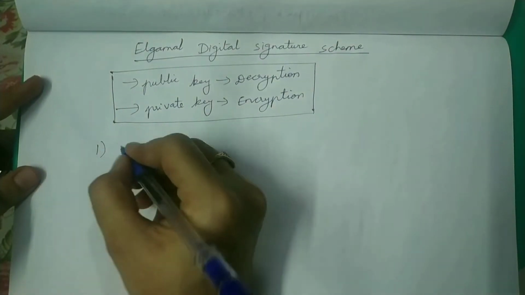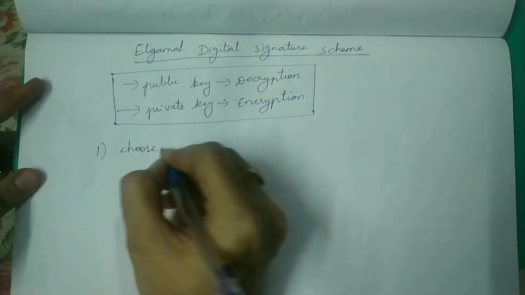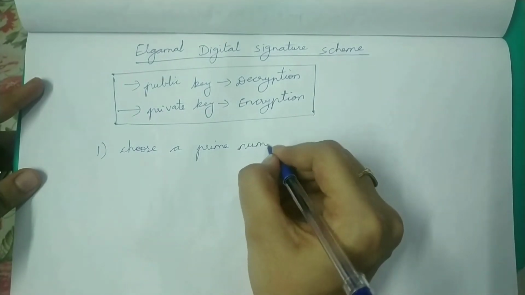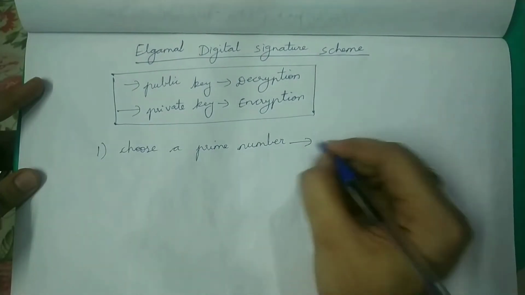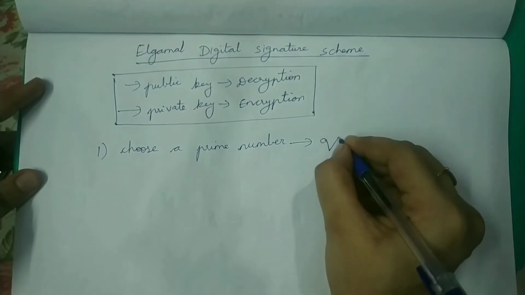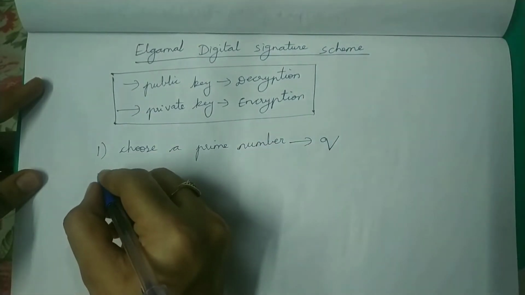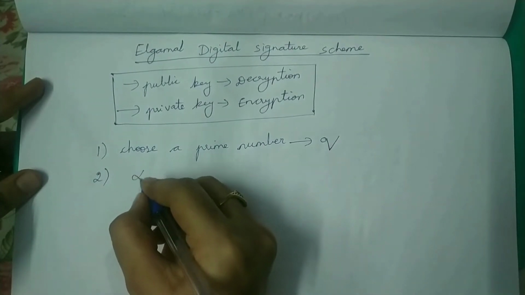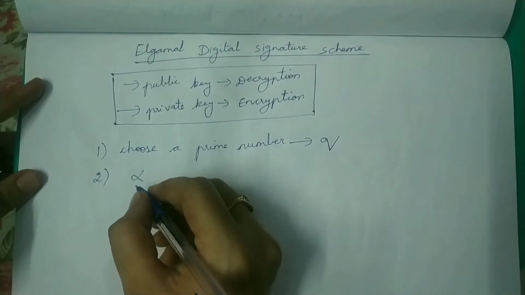The first step is we need to choose a prime number. I am going to choose the alphabet Q. The second step is we need to choose some random number alpha. And there are two conditions for this.